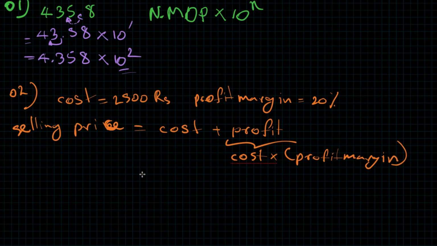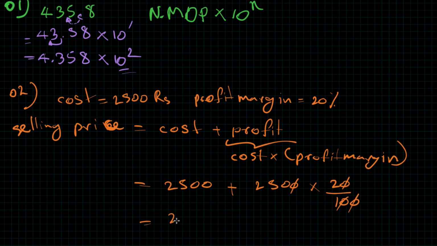Now the cost is 2,500 plus this profit: cost 2,500 into the profit margin, 20 out of 100, 20%. So we can cancel this 0 for this 0 and this 0 for this 0, and we get the answer 2,500 plus 250.